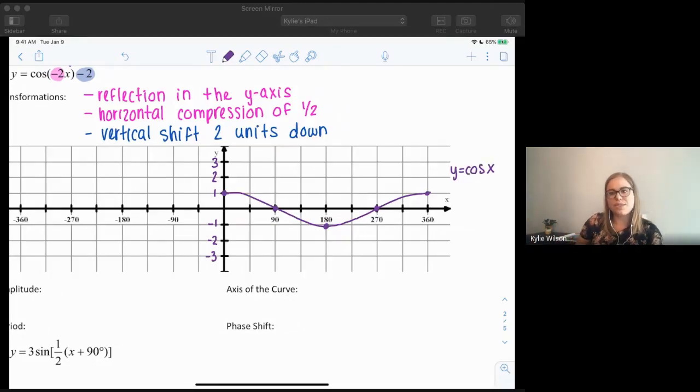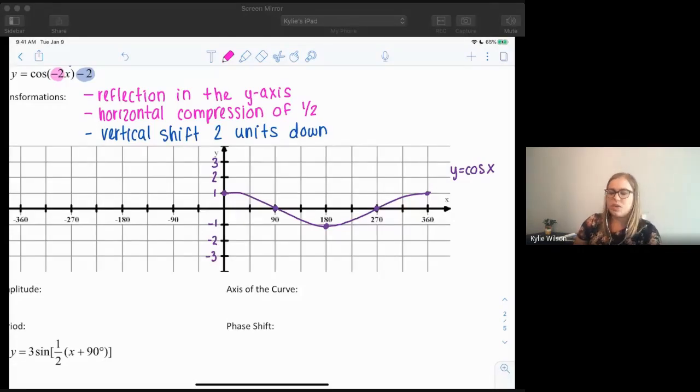Yeah, Dimitri, you can type your question or turn off your mic and speak, whatever you prefer. So Dimitri's question is, does our parent function vary on the graph that's given?